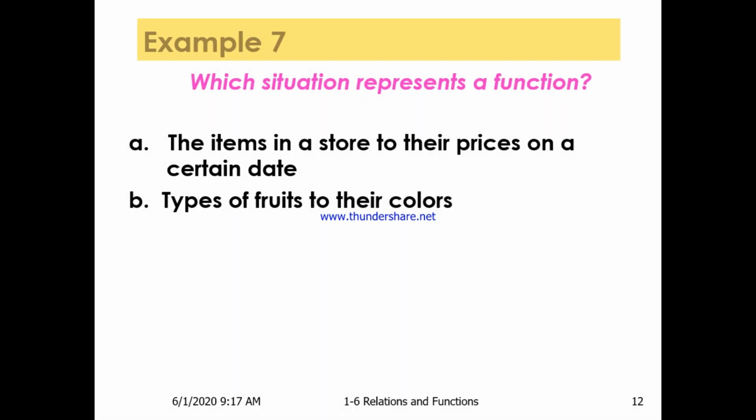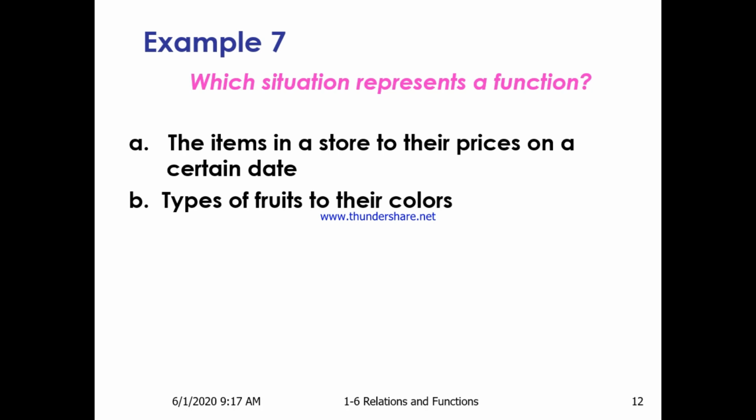Okay, next. Which of these situations represent a function? So, arita sa sentence. A. The items in a store to their prices on a certain date. B. Types of fruits to their colors. If you have observed the items in a store, sa tindahan, ito ka sa supermarket, each item in the supermarket has only one price.